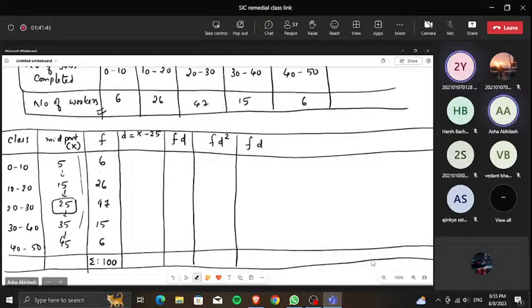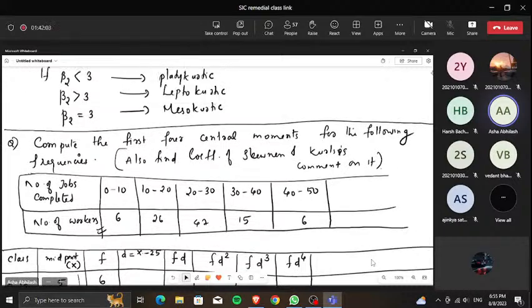Ma'am, are we supposed to divide the X minus 25 by 10, or if we just keep it the same, is it okay? Yes. One more thing is there. If you are dividing it by the class interval, then there will be a change in this formula.